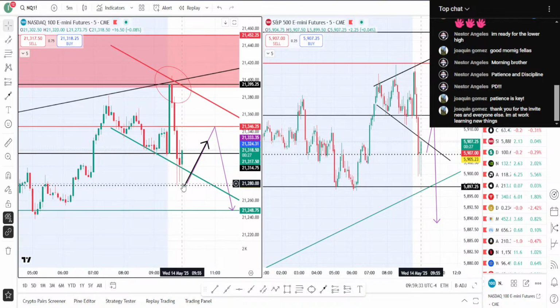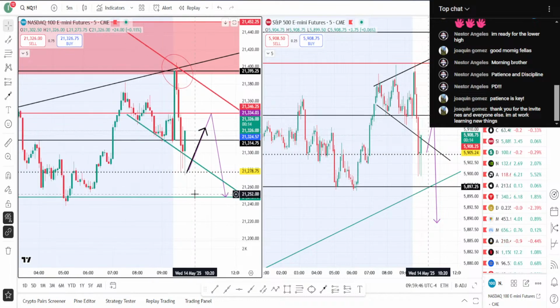We have the buyers, strong buying pressure here. This could be a scalp to the upside, but it's quick. You gotta buy and get out before we reach resistance.